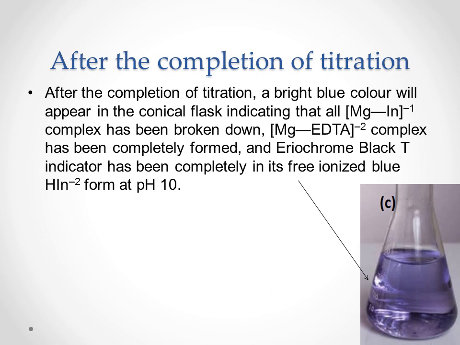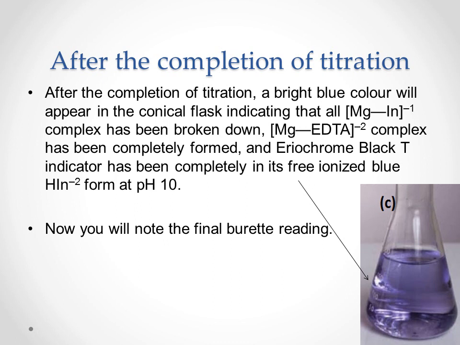Magnesium EDTA complex have been completely formed, and Eriochrome Black T indicator has been completely in its free ionized blue form, HIN-2. That is the representation for that free ionized blue form at pH 10.